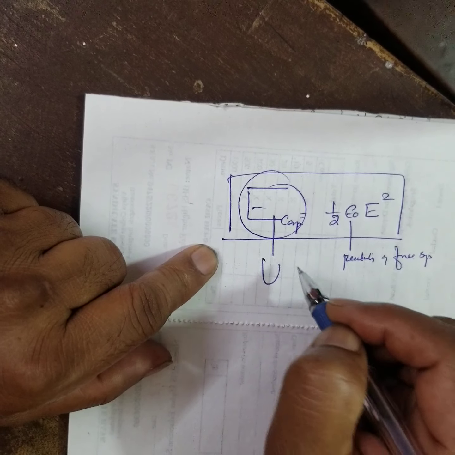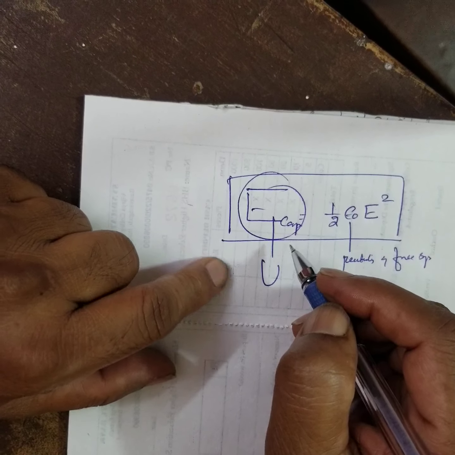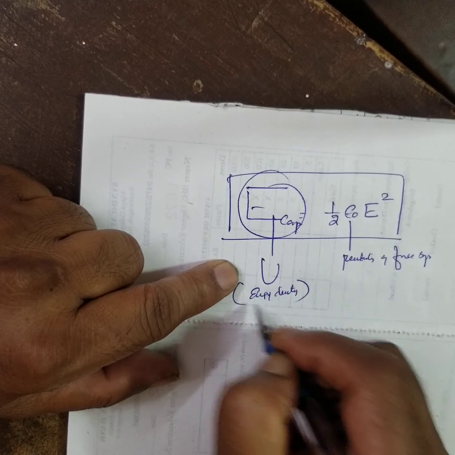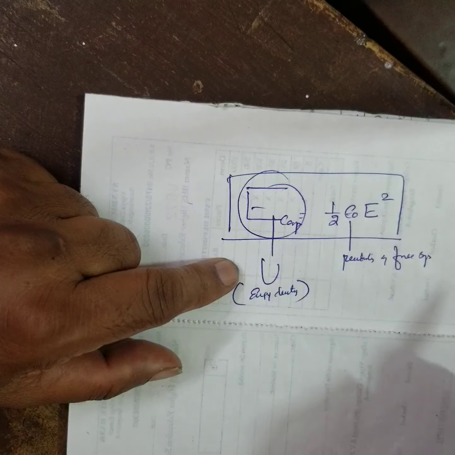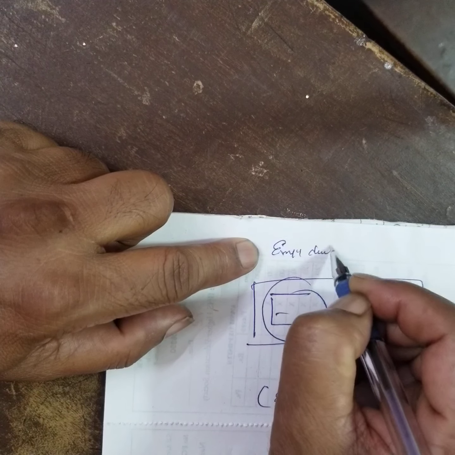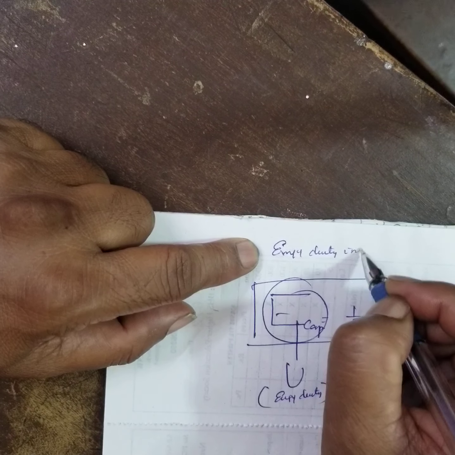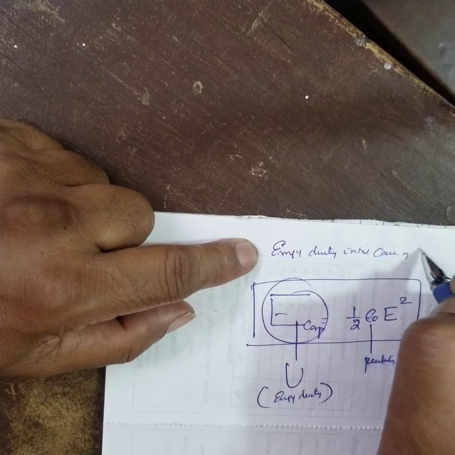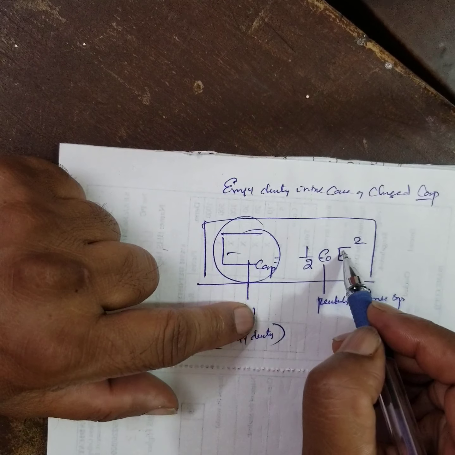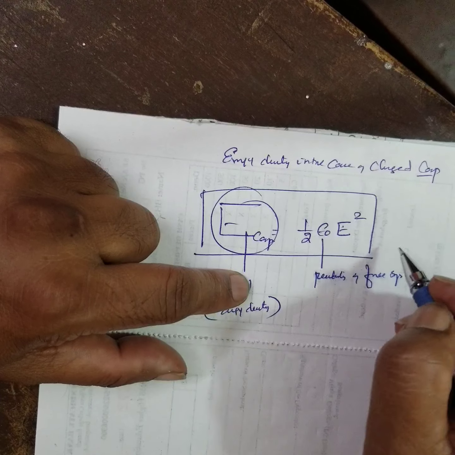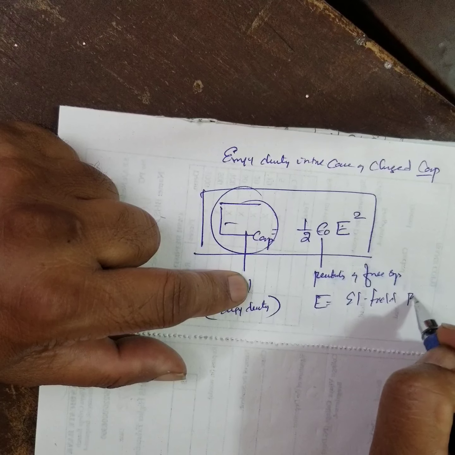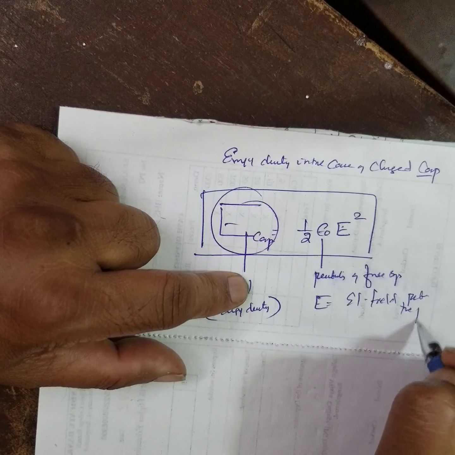Sometimes they use U, and this is called energy density in the case of a charged capacitor, where E is the electric field between the plates of the capacitor.